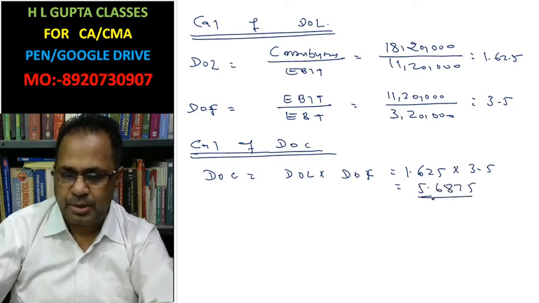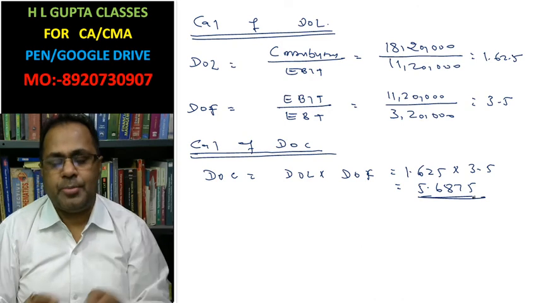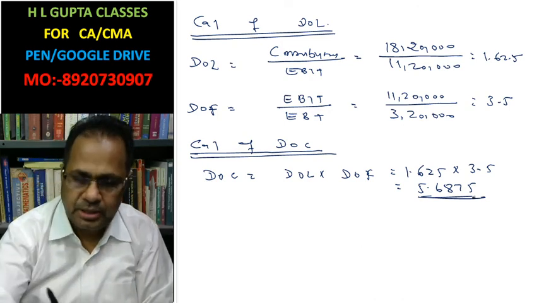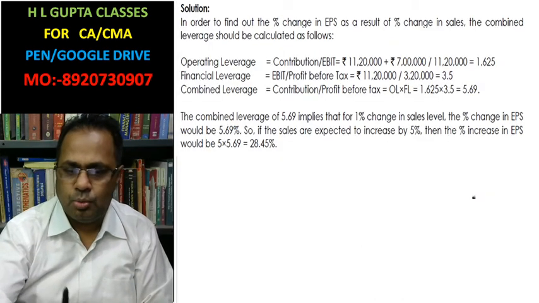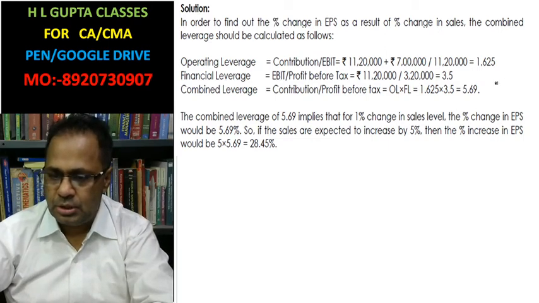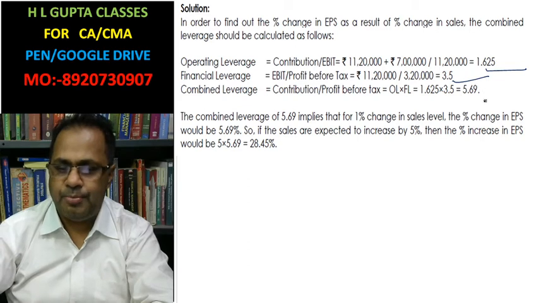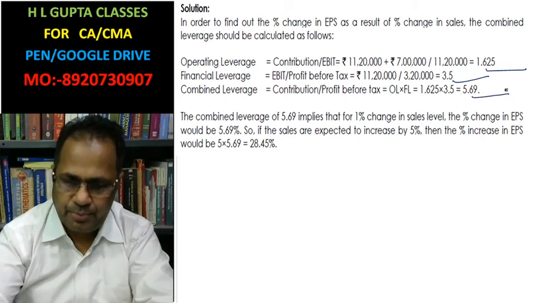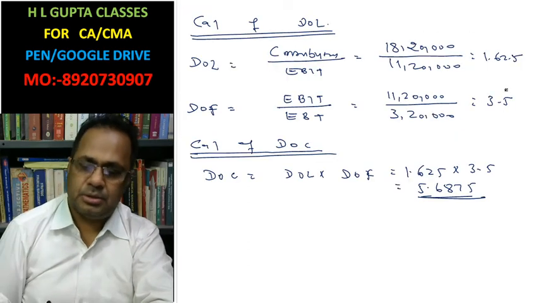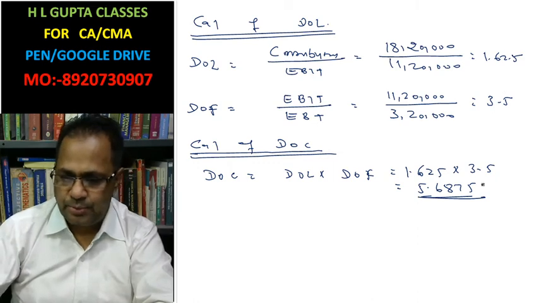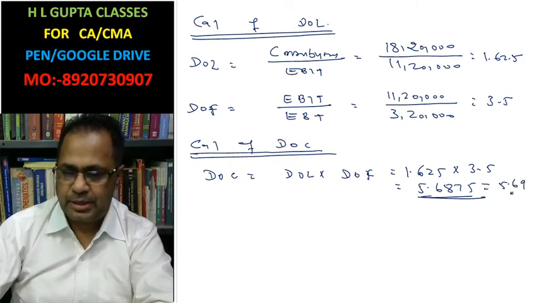This is the degree of combined leverage. Look at your institute's answer: 1.625 into 3.5 is 5.69. We can write 5.69 here.